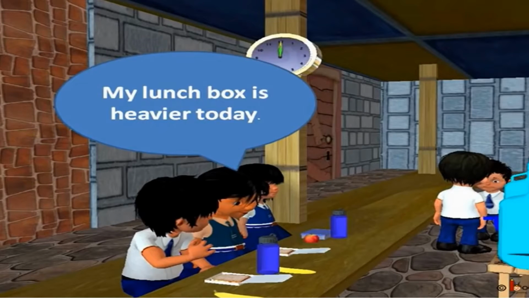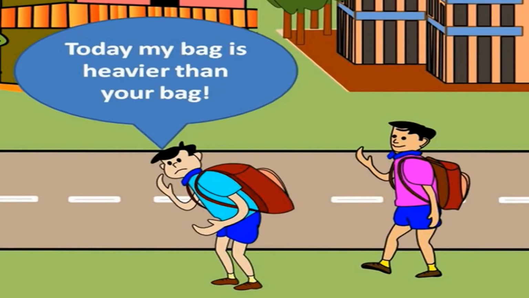Okay, now tell me, do you ever feel that today your lunchbox is lighter or heavier than the other days? We often compare weights of things, like you may say your bag is heavier than your friend's bag.